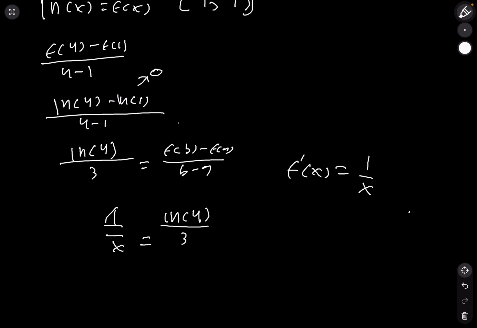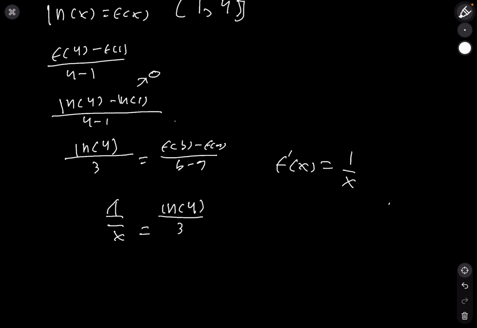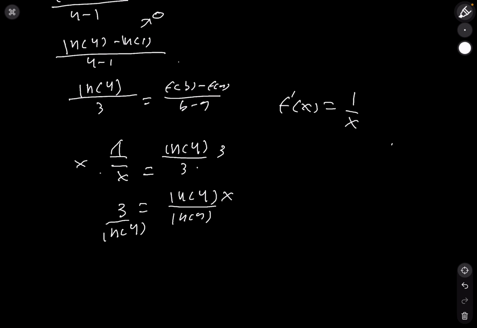From here, to find x, there are two ways. First, you can do it the long way: multiply by x, multiply by 3, so you get 3 is equal to natural log of 4 times x. Then you can just divide by natural log of 4 to get your x, or you can just flip it.